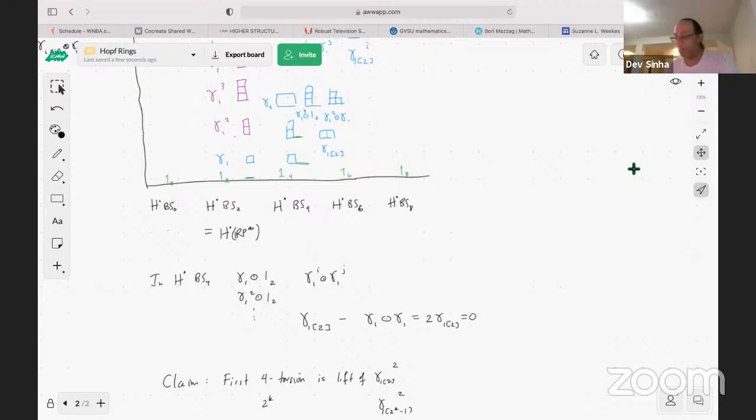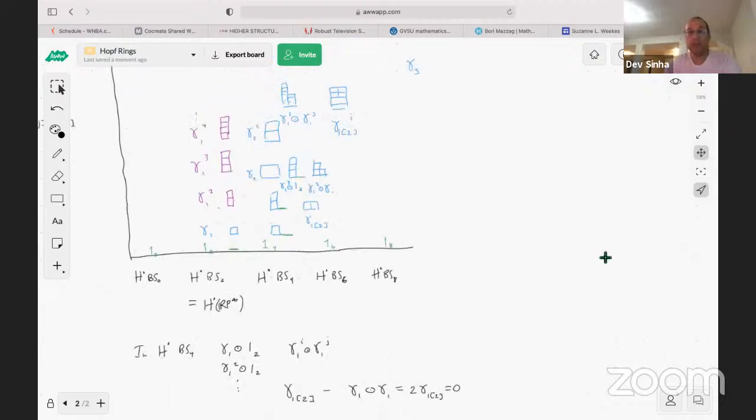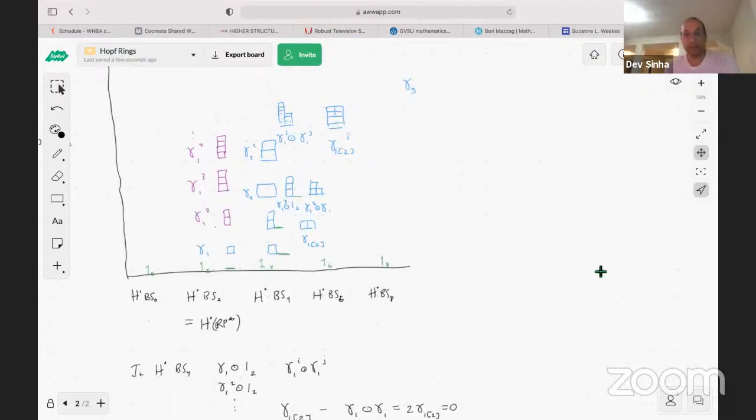So for an additive basis, you can, of course, multiply these things. Notice that we have, for example, gamma 2 squared. Then I would draw that like this. So that's in degree 6. Gamma 2 cubed is in degree 9.